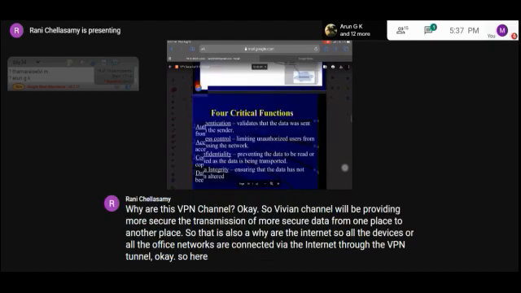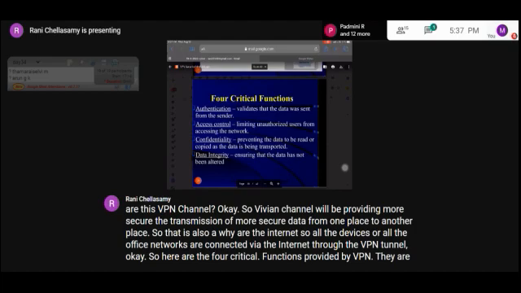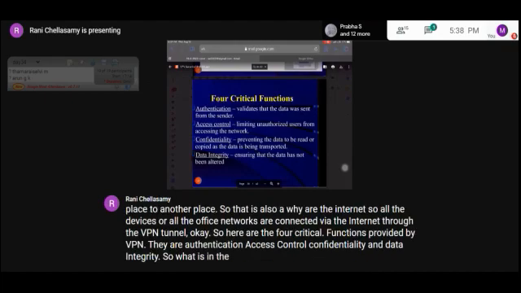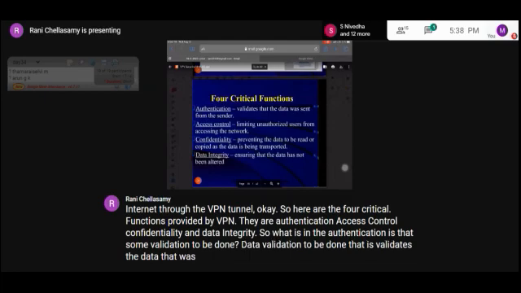Here are the 4 critical functions provided by VPN. They are authentication, access control, confidentiality, and data integrity. Authentication means validating the data that was sent from the sender.